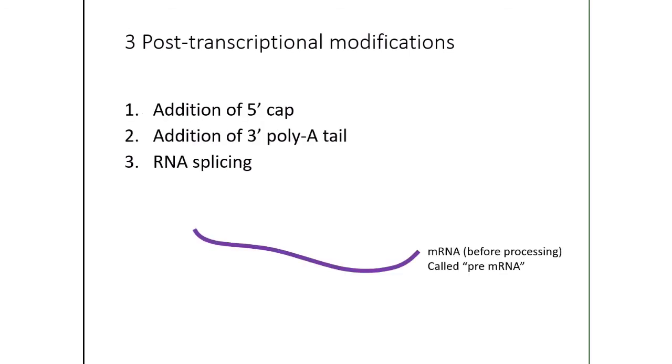So there are 3 steps that are involved in post-transcriptional modifications. We are going to be adding a 5' cap to the 5' end of your mRNA, and we are going to be adding what's called a poly A tail on the 3' end, and finally we're going to be doing something called RNA splicing.